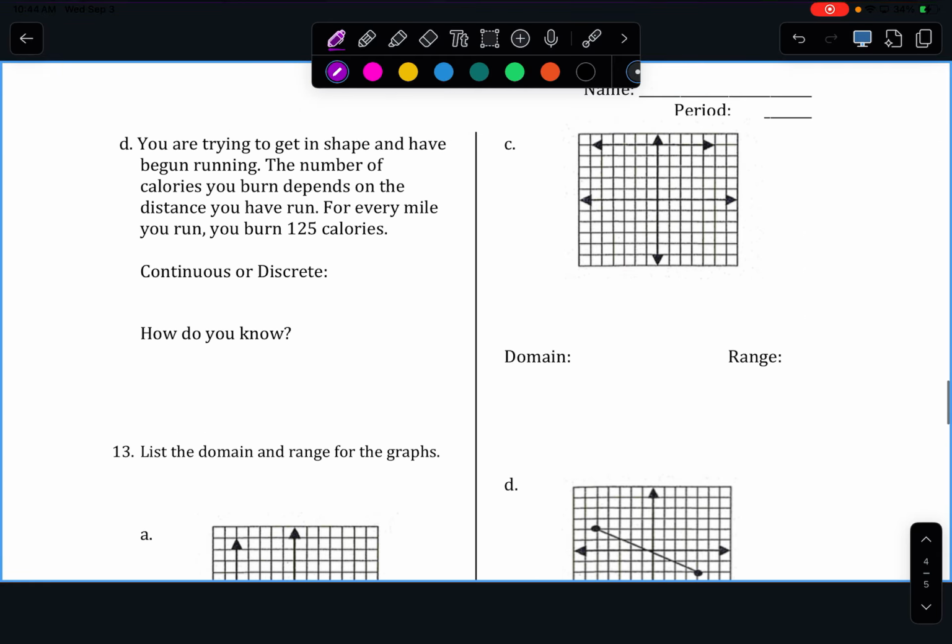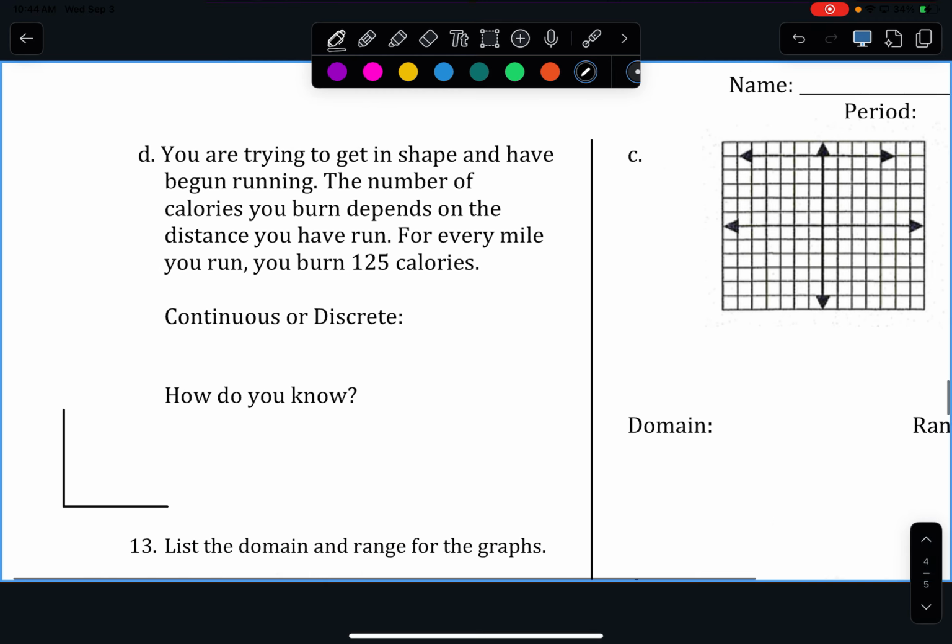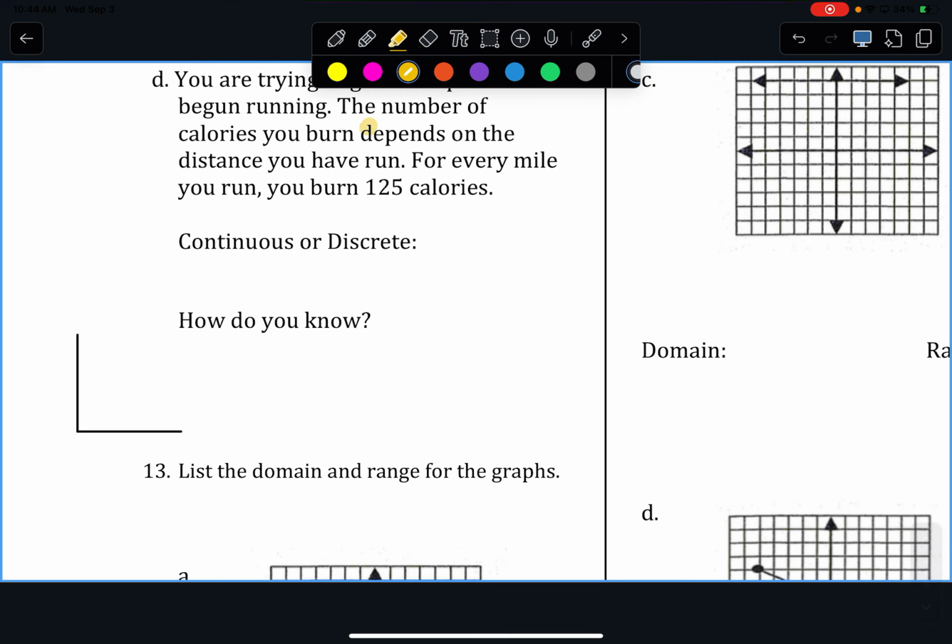You're trying to get in shape and you've begun running. The number of calories you burn depends on the distance you run. For every mile you run, you burn 125 calories. All right, so I want you to think about graphically what this means. The amount of calories you burn depends on, oh, such an awesome phrase, depends on, right?